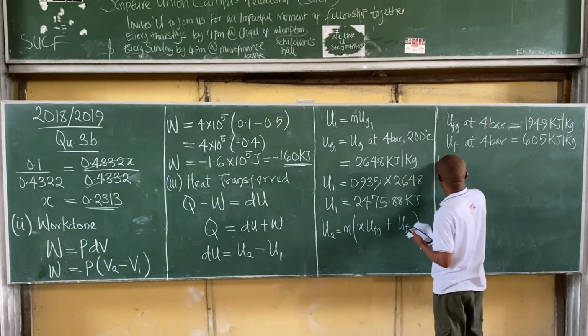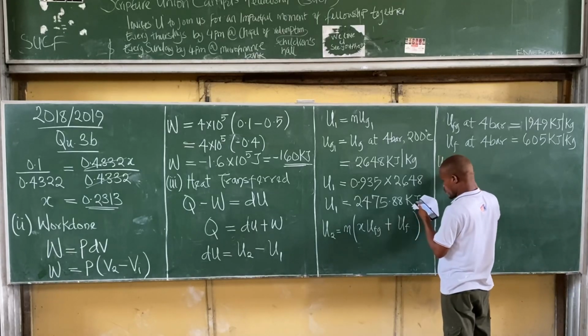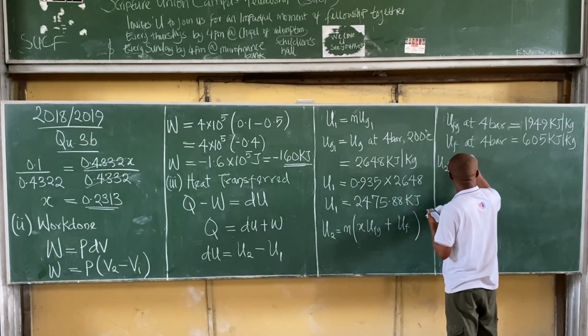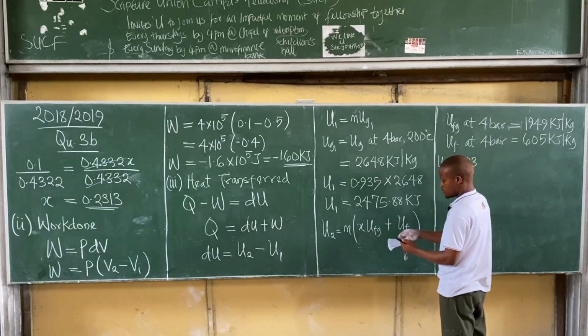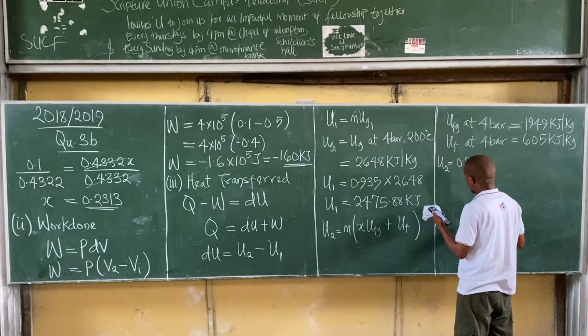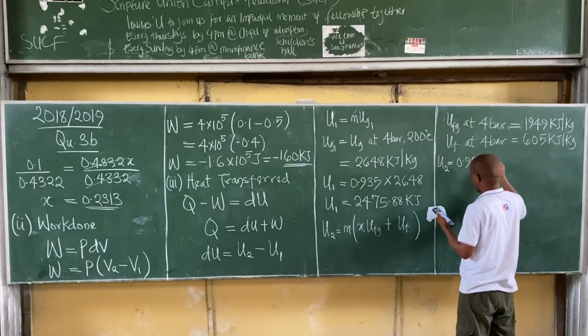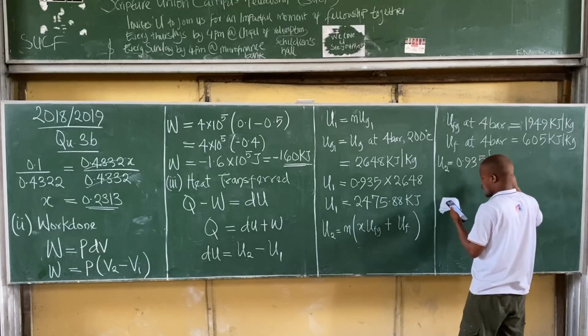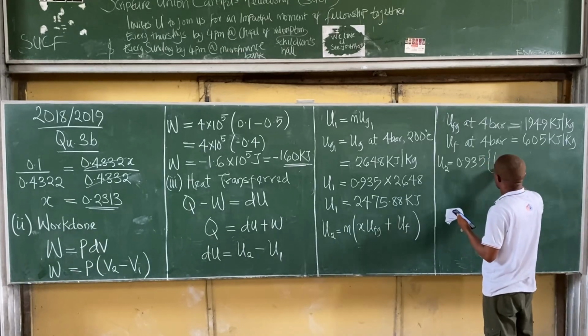Therefore, our U2 equals, what's the mass? Our mass was gotten to be 0.935 in brackets. We have, what was our x?